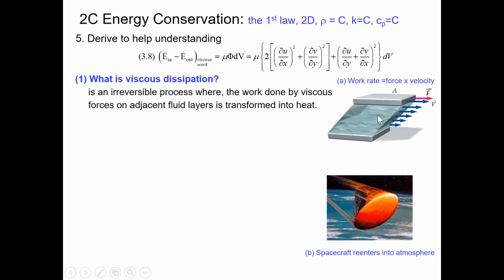This resistance is our viscous force. Due to the relative motion between the fluid layer and the upper plate, we have friction, and friction will generate heat. Therefore, we call this process the viscous dissipation process, because friction generates heat, and the heat is dissipated into the fluid we stated.